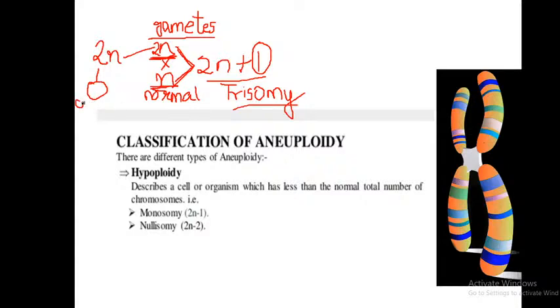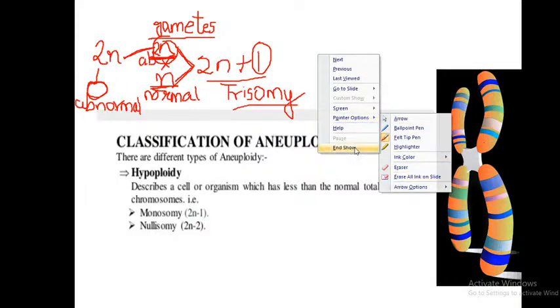This is also an abnormal gamete. See, this is not having any chromosome inside it, because what happened? Two chromosomes went into this cell. So when division happened, two chromosomes went into one cell, so one gamete becomes 2n, while the other gamete will be devoid of chromosomes. This is also abnormal. Both are abnormal gametes.